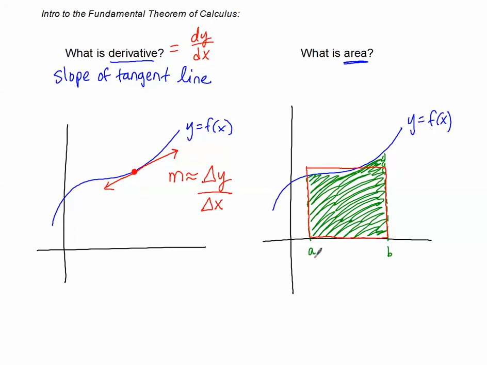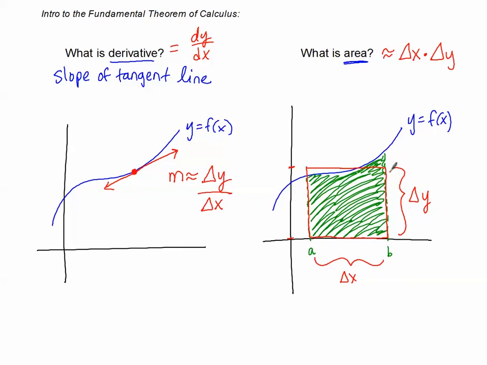Well, we do the width times the height. What's the height of it? That's the change from this y-coordinate to this y-coordinate, so that's the change in y. And what's the width of it? Well, that's from this x-coordinate to this x-coordinate, so that's the change in x. So area, this area that we're looking at here, is approximately the change in x times the change in y, its length times its height.